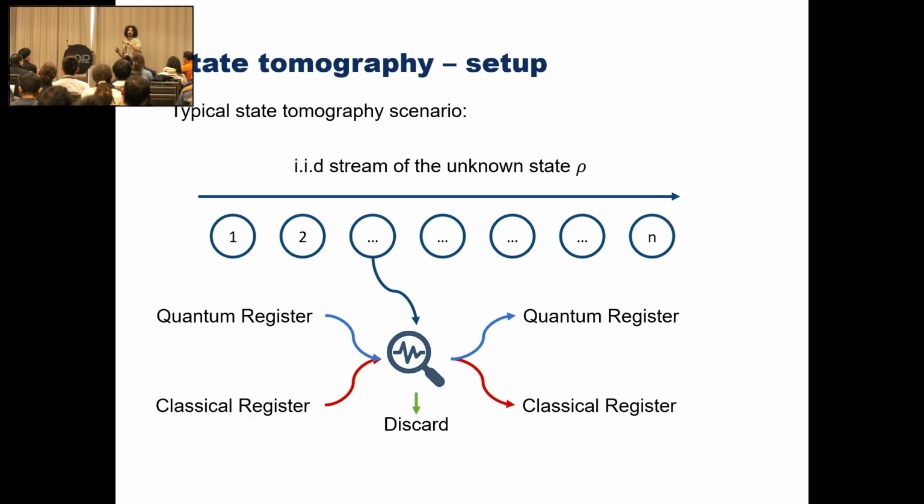And based on some maybe classical state information that you have from previous rounds, you will perform some operation on this state that you receive, and then carry on with a further quantum register and classical state information for subsequent rounds. We say that this is a very general model for quantum state tomography algorithms because this setup also includes algorithms that are fully coherent, where you're allowed to store all copies until the very end, as well as algorithms that only measure one copy at a time, either adaptively or non-adaptively.